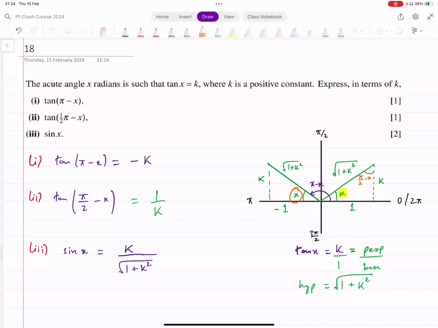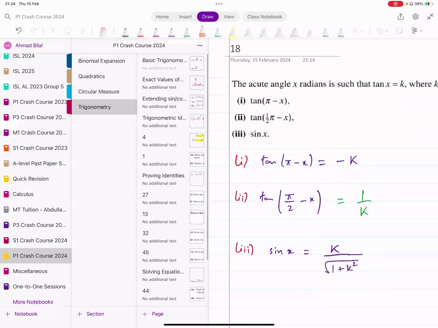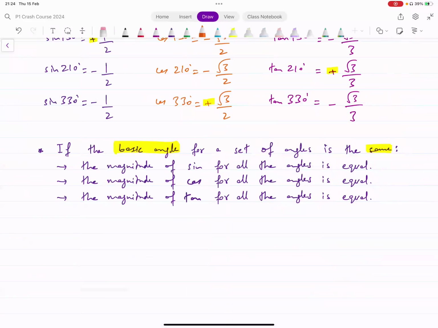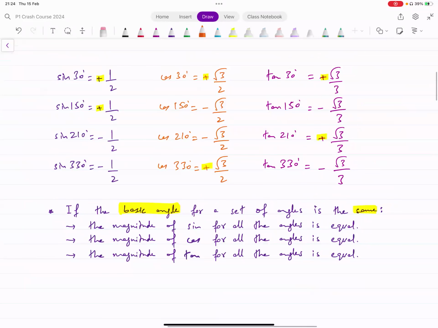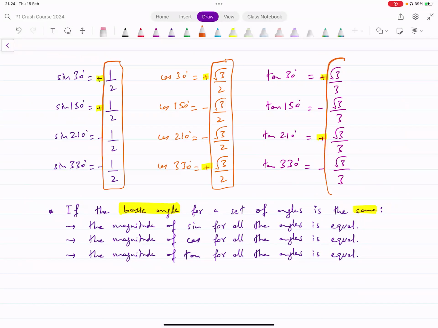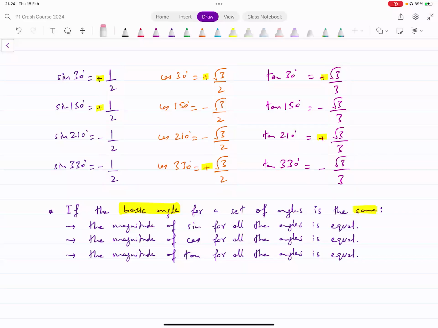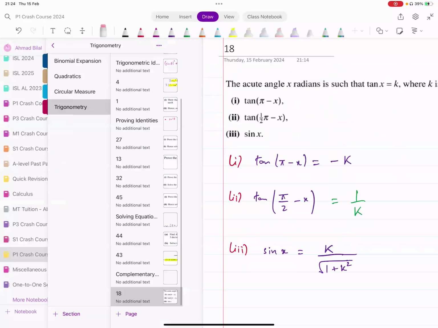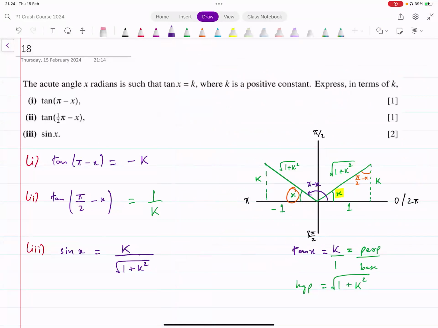And I just told you before, whenever the basic angle is the same, the magnitude of that ratio always is the same, right? The magnitude remains the same. So in this case, x and pi minus x, they have the same basic angle, which is x.